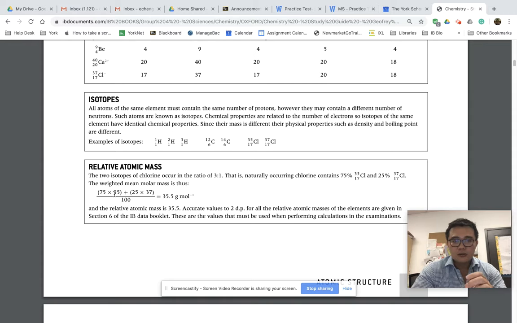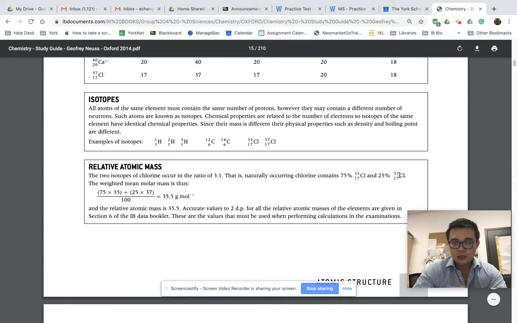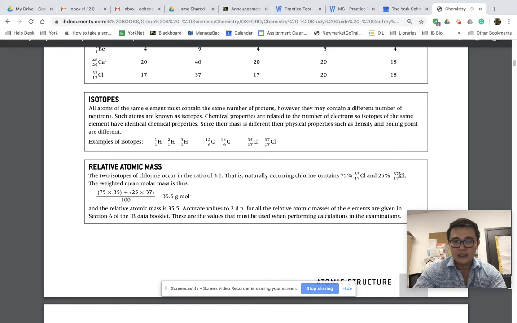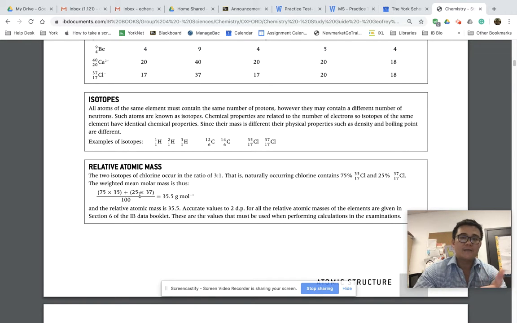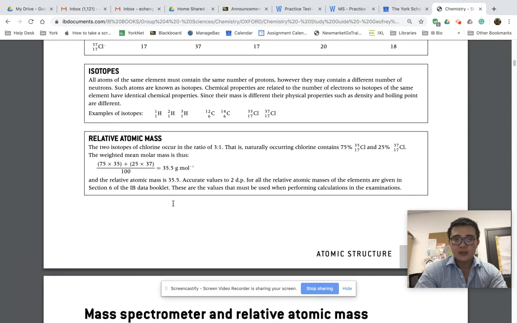So you have the atomic mass of chlorine-35 times 75%, plus the atomic mass of chlorine-37 times 25%, because only 25% of the chlorine atoms are chlorine-37. So in this case, you have a weighted average of 35.5.